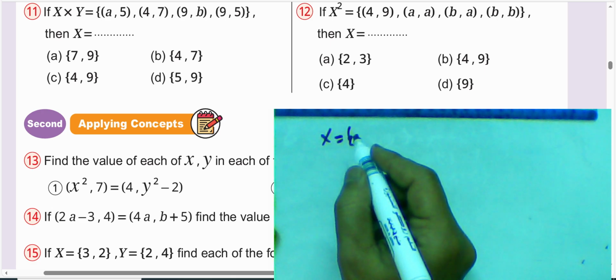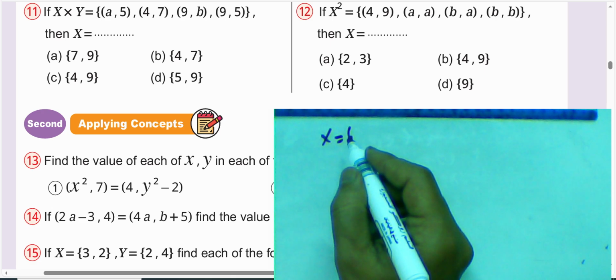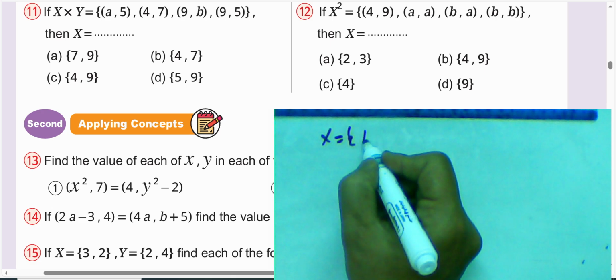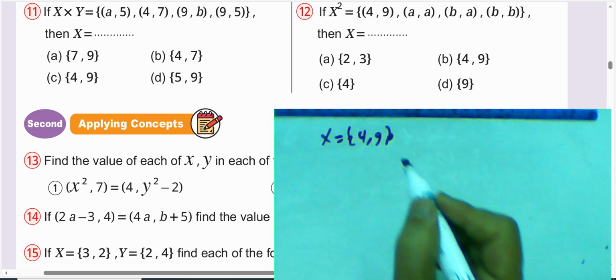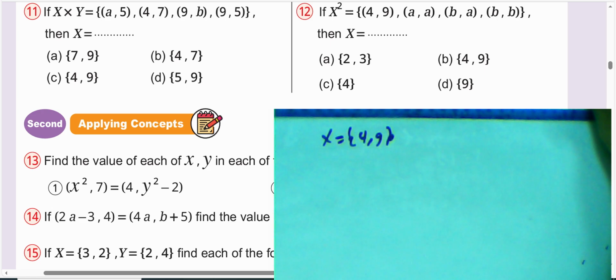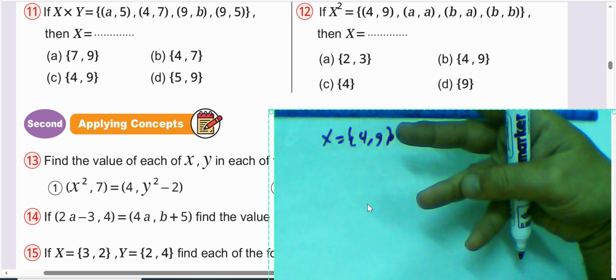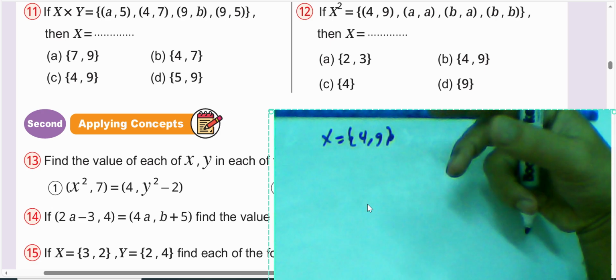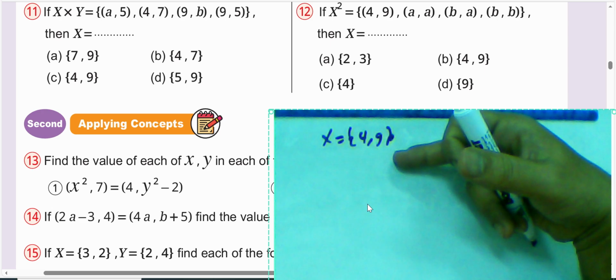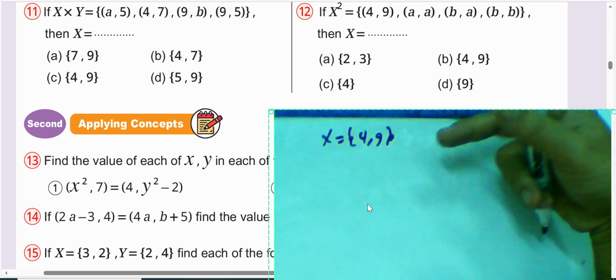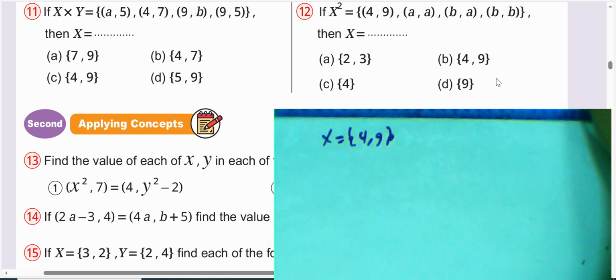Then all elements belonging to it, like 4 and 9, were repeating. Understood? 4 and 9. Look here: x², it means x times x. X has (4, a, b) and x also (9, a, b). Then x will be 4 and 9 because 4 was repeating and 9 was repeating here. Choose letter B.